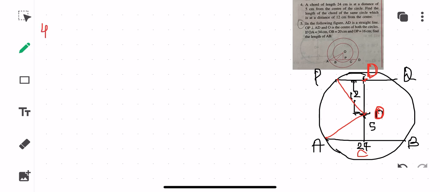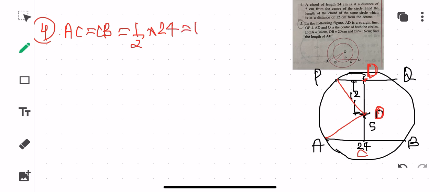This is question number 4. So you'll be writing down that perpendicular AB. First of all we'll be using AC is equal to CB, not AB children, is equal to half of 24, that is 12, is equal to 12 centimeter.